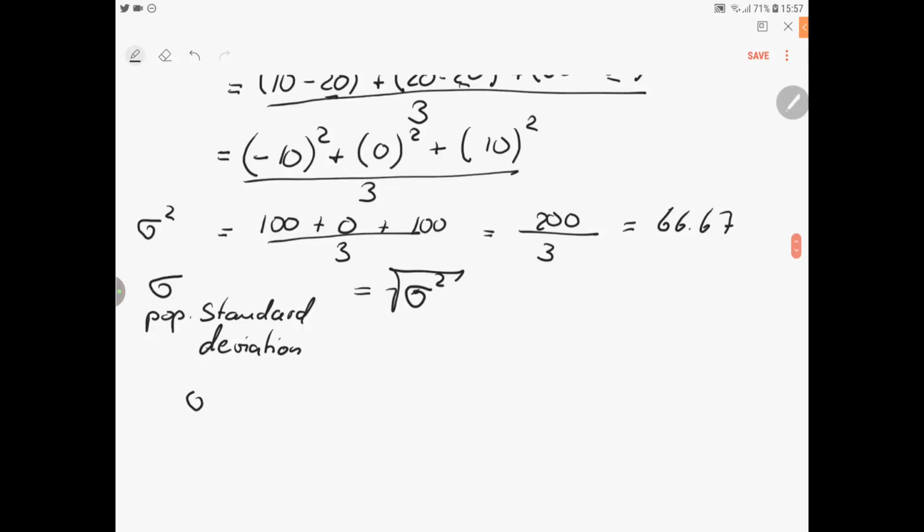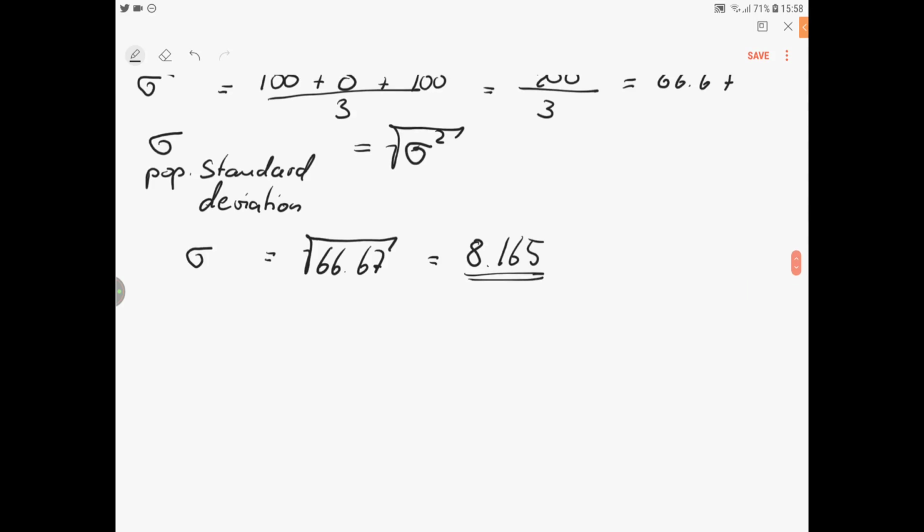So here the population standard deviation is the square root of 66.67, and when I get my calculator out I calculate this to 8.165. So this standard deviation gives us the spread of this population.